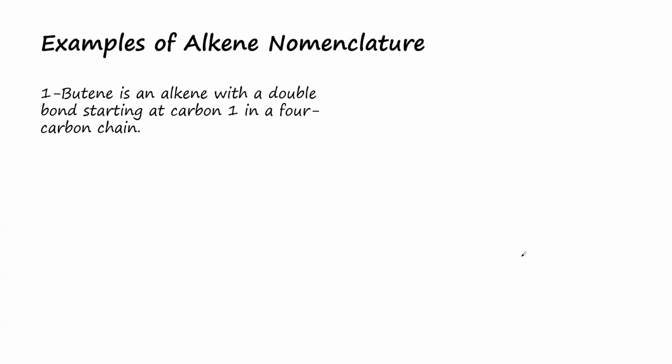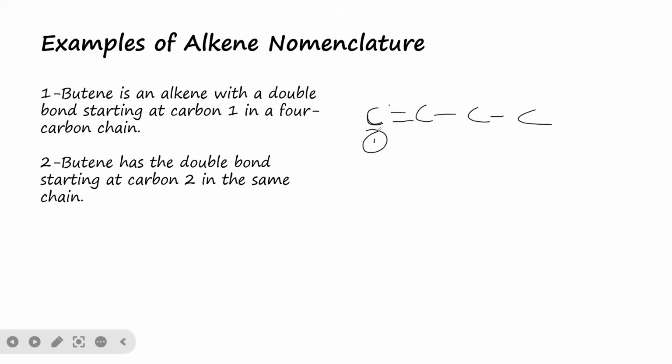So then the examples of nomenclature. Here we have 1-butene. 1-butene, as you can see here, is an alkene with a double bond starting at carbon 1 in a 4-carbon chain. If you are to write this, you have something like this: 1, 2, 3, 4. So it means you have a double bond at carbon 1. So that is why it is called that. When we say 2-butene, it means that the double bond is at carbon 2.